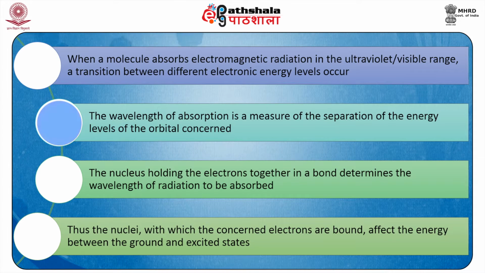The wavelength of absorption is a measure of separation of energy levels of the orbitals concerned. Now, the nucleus holding the electrons together in a bond determines the wavelength of radiation to be absorbed because of the strength by which the nucleus is holding on to the electrons.